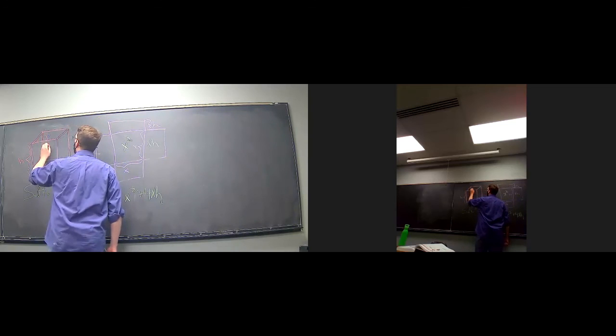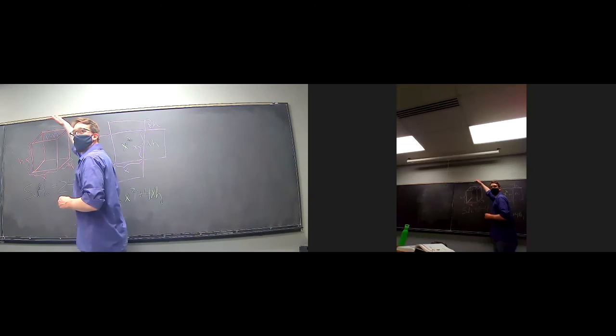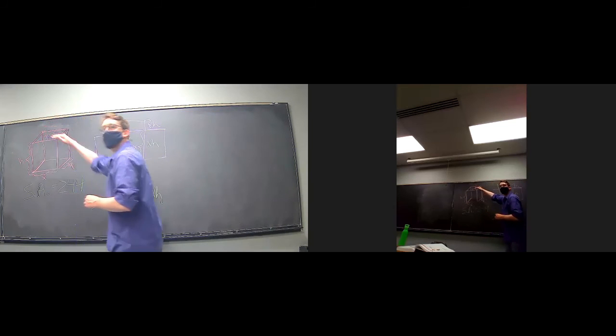Now, going back to the original picture, the box has volume x squared times h. Agreed? Because it's going to be the surface area extruded through the height. Yeah?